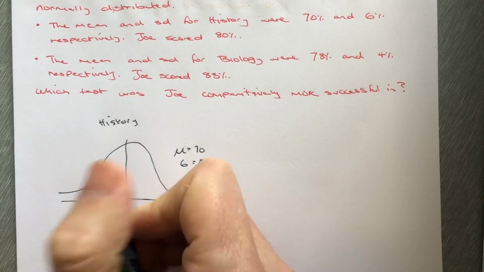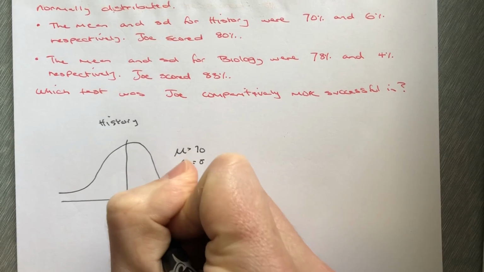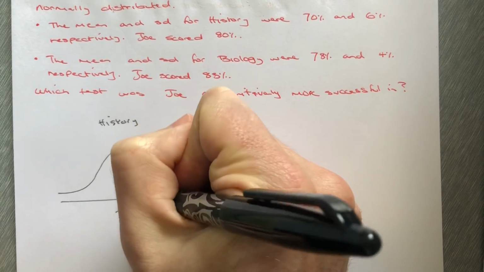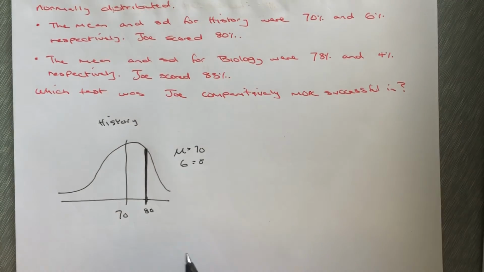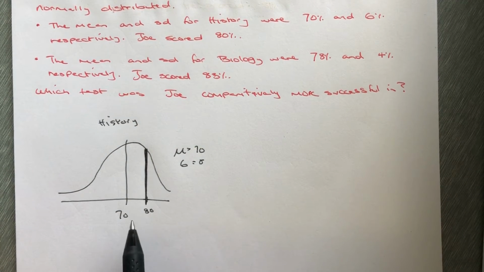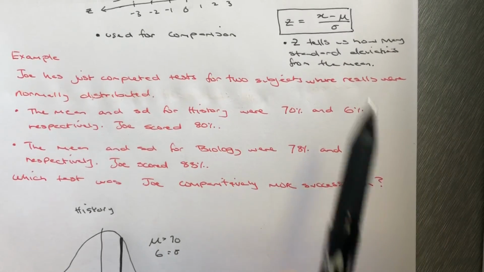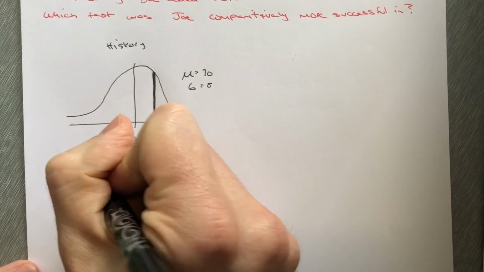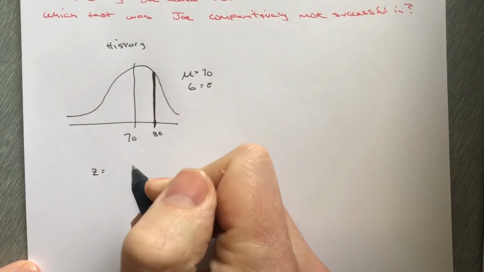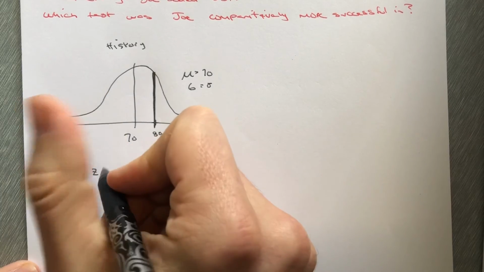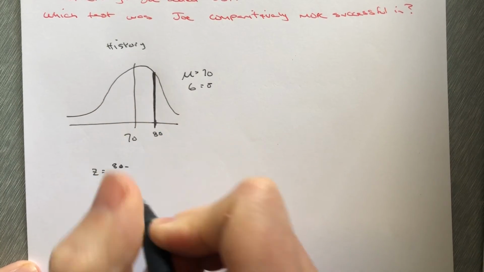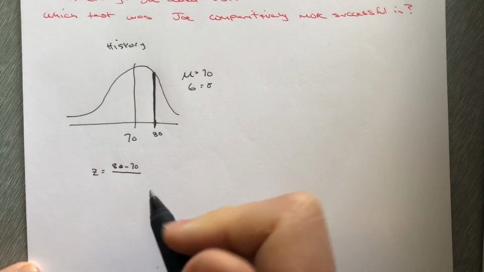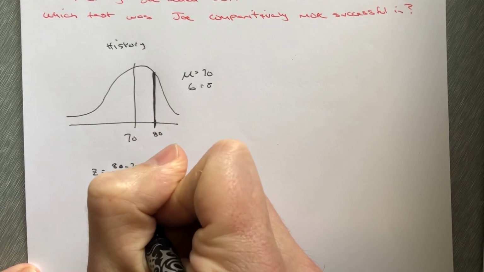And what did Joe get? He got 80. So Joe's got here. Basically we want to see how far above the mean he is, so we can do that using this formula. Z equals, now we put our x value in first, so our x value is 80 minus the mean, which we were told was 70, and we're dividing it by the standard deviation, which is 6.